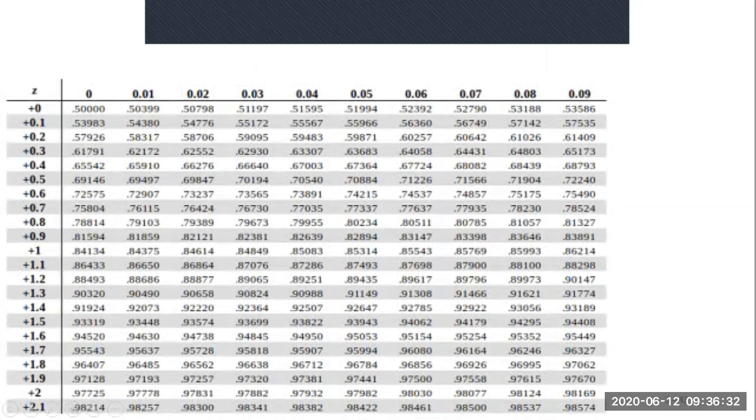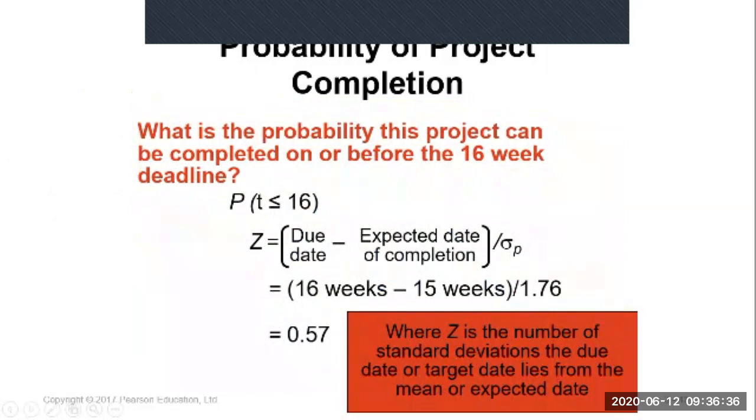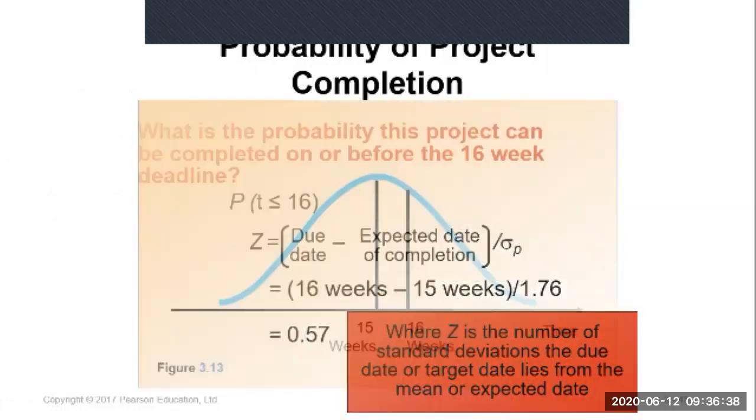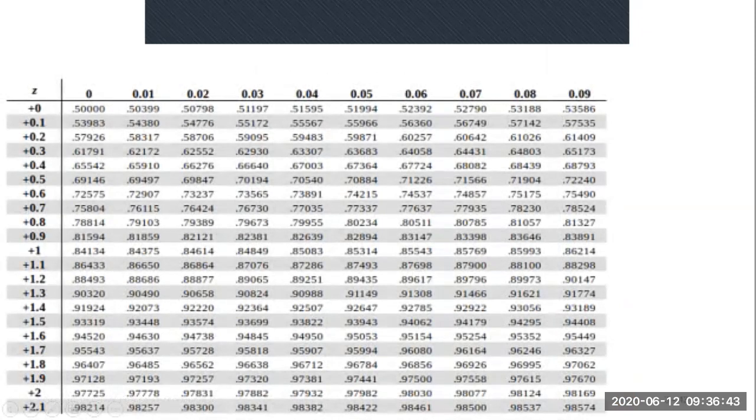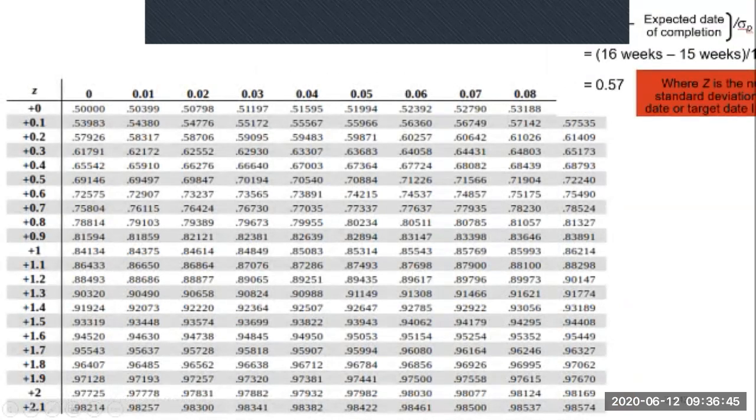So now we have to refer to this figure, the table, to identify the probability. From the calculation we have 0.57. So where do we get the probability for 0.57?